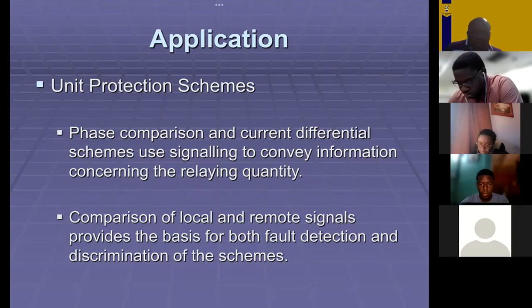So whatever we are looking at, whether it is distance, whether it is unit protection, what we are saying is that between relaying points, and relaying points here simply means between substations, we have to have that communication network. So that's for your unit schemes.